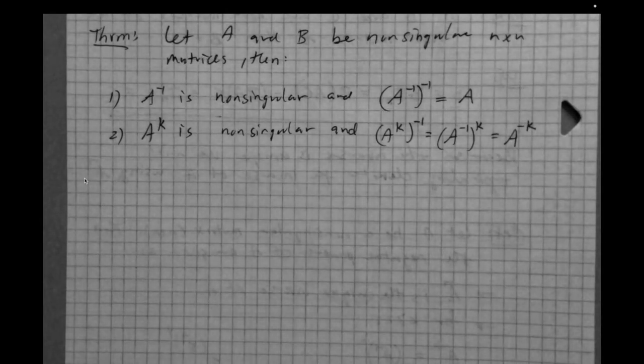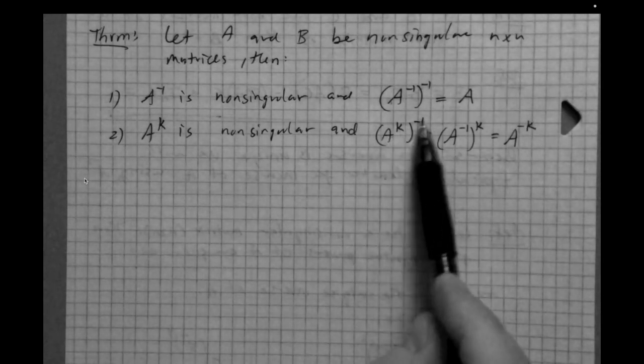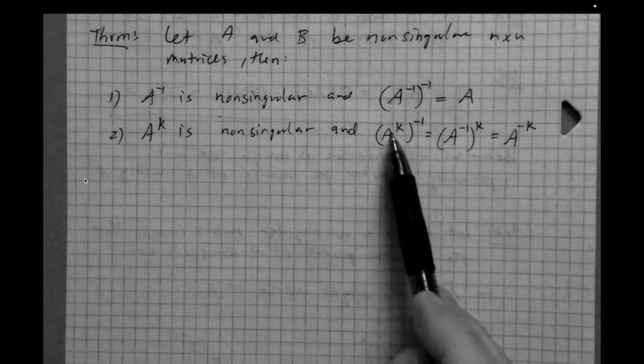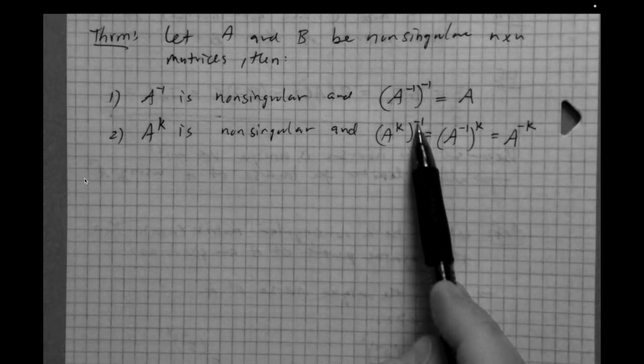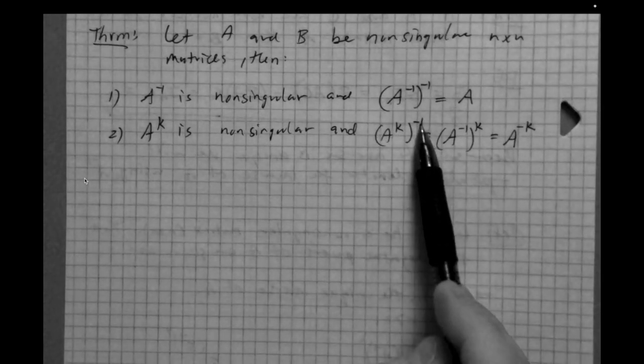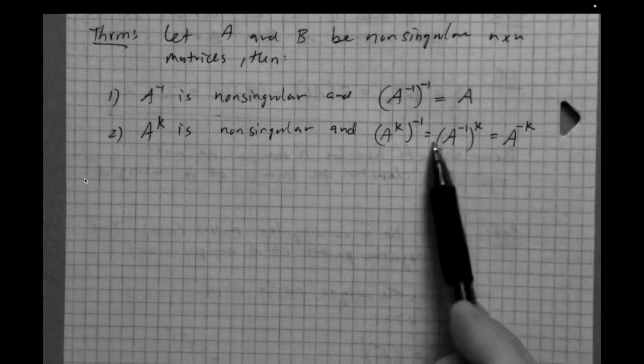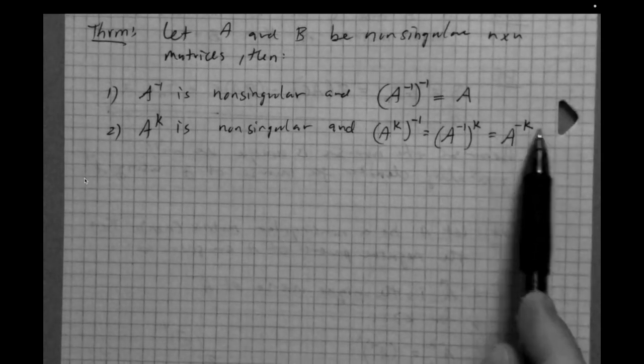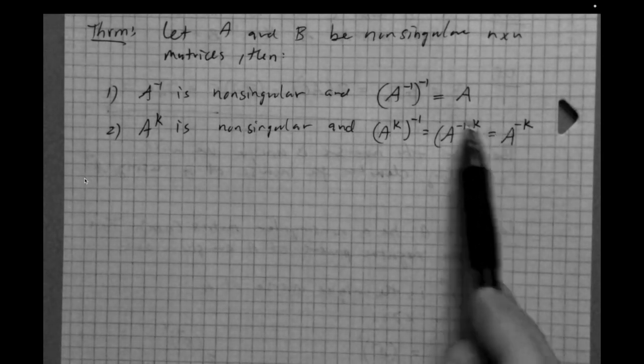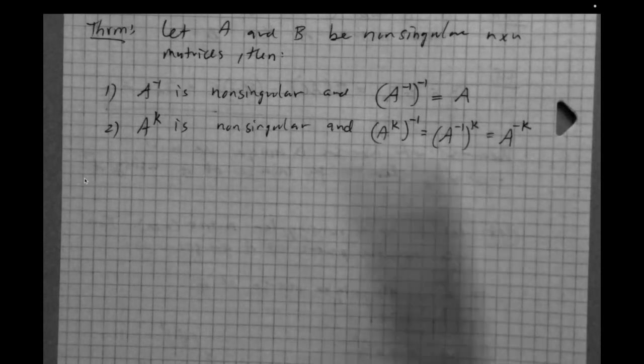Again, nice notation, right? If I want to know the inverse of A to the K, I can identify the inverse with this notation, I know I can flip those, and I can also multiply them together and get negative K, which is the way you'd want to notate that. Perfect.